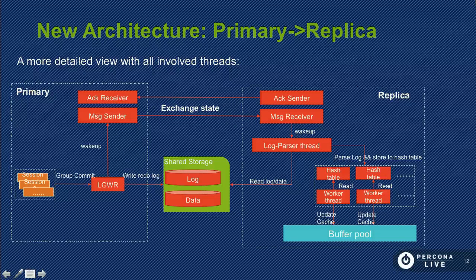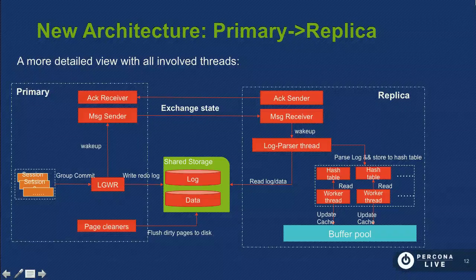And the worker thread will get the log from hash table and update the buffer pool. Okay, and on primary server, there is a page cleaner thread which is responsible for flushing dirty pages. So from the picture, we can see that the replica may be reading data from shared storage, while the primary server is writing dirty pages to the disk.